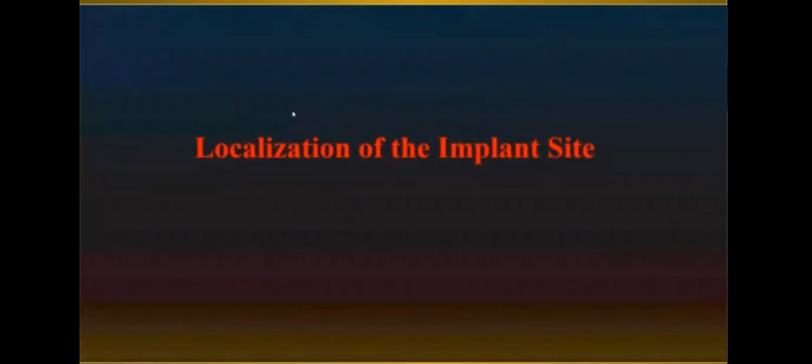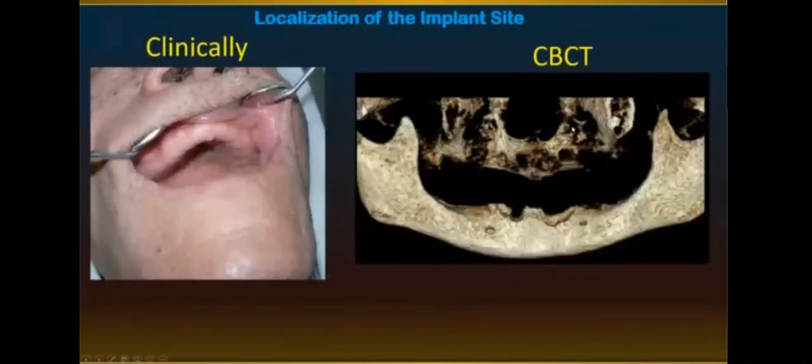Okay, now there is something very important which is called localization of the implant site. And we need this localization especially in long edentulous span or full arch cases. For example, here this patient is totally edentulous clinically, and this is the CBCT.